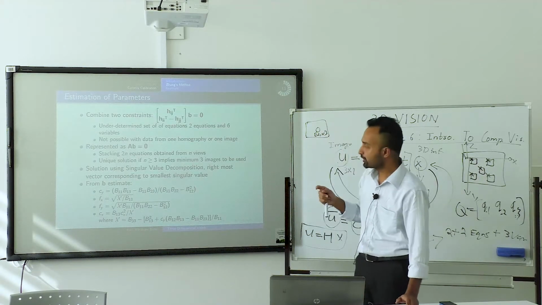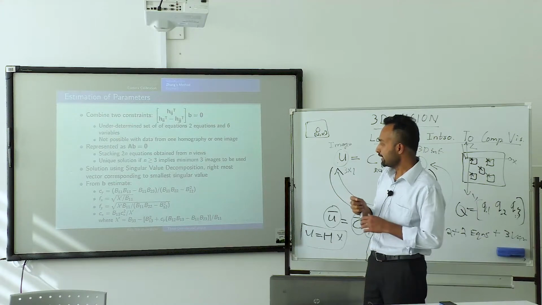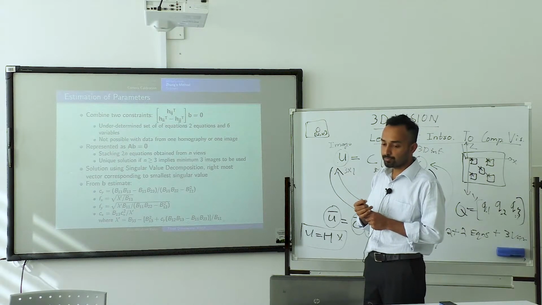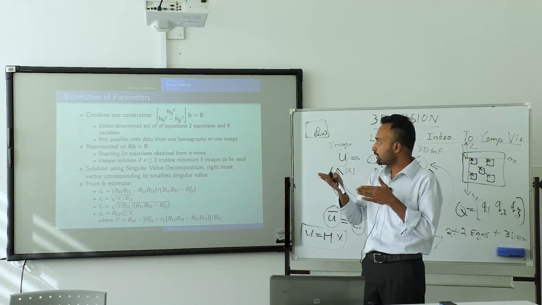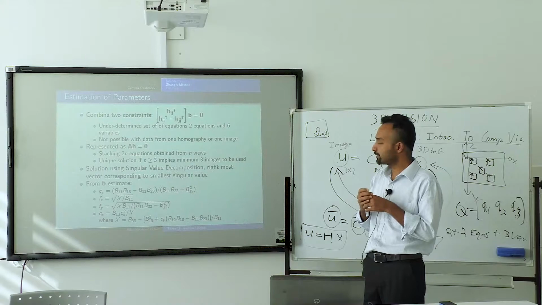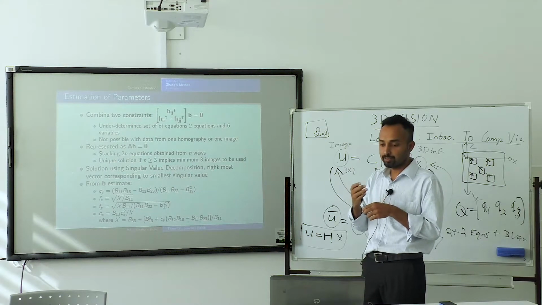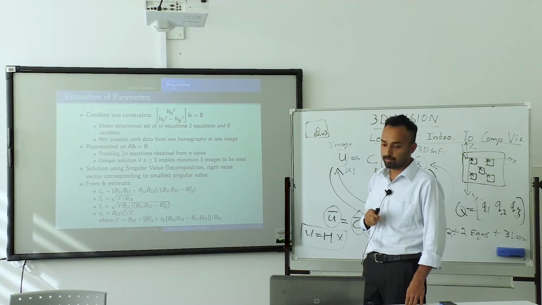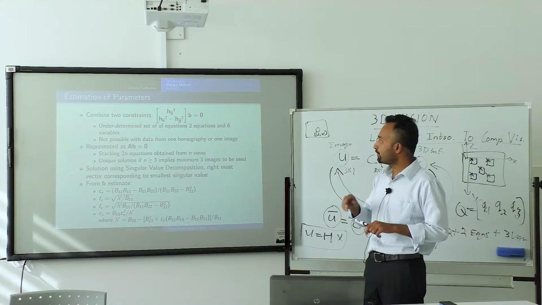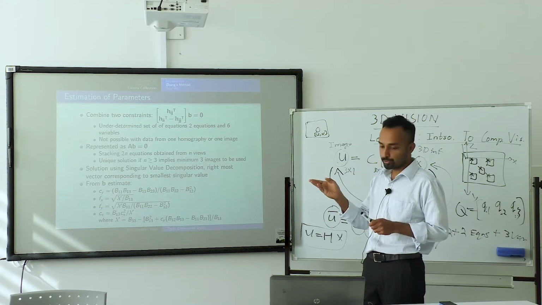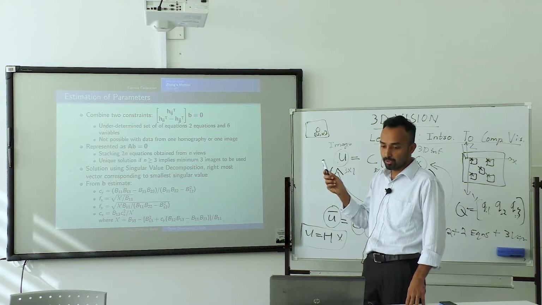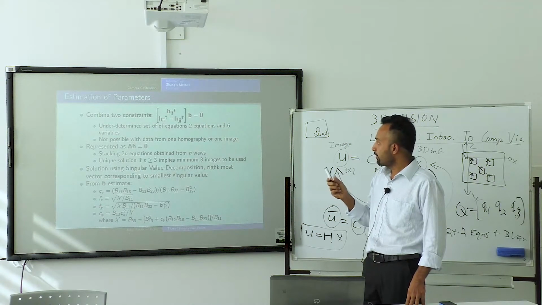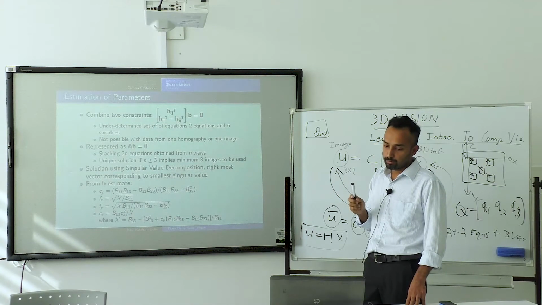So what you do is you stack one over the other, and once you stack them, you get a 2 cross 6 matrix into a 6-dimensional vector is equal to a 2 cross 1 vector of zeros. So you have two equations and 6 unknowns. In that case, it is not possible to determine all the values of the variables of B, but it is possible in another way.